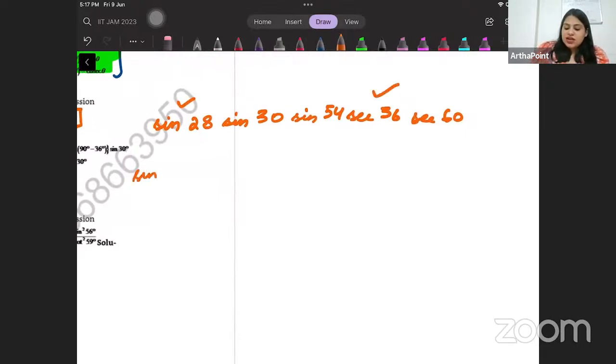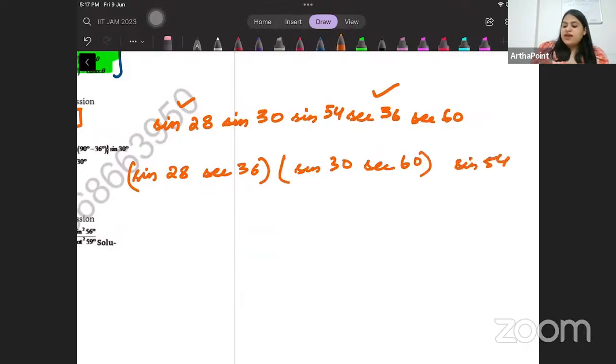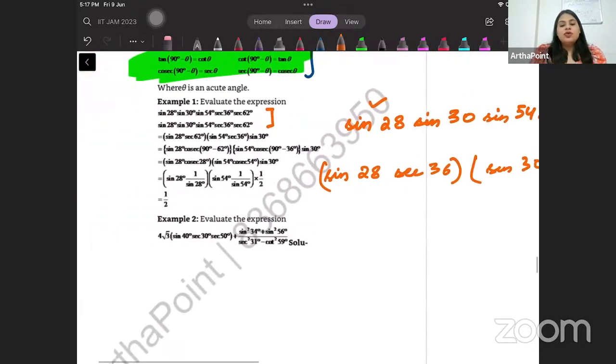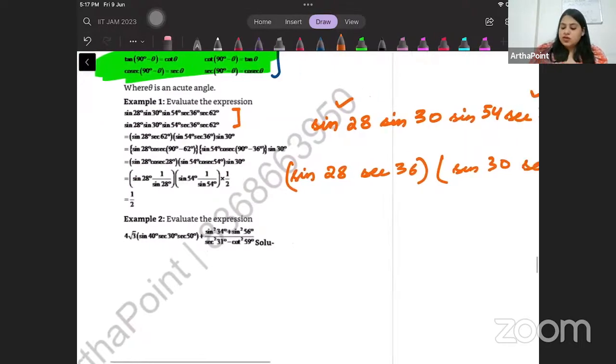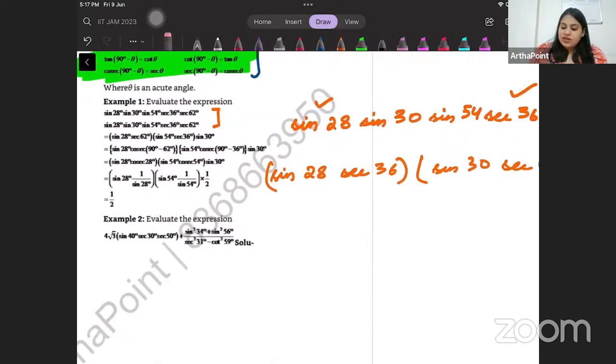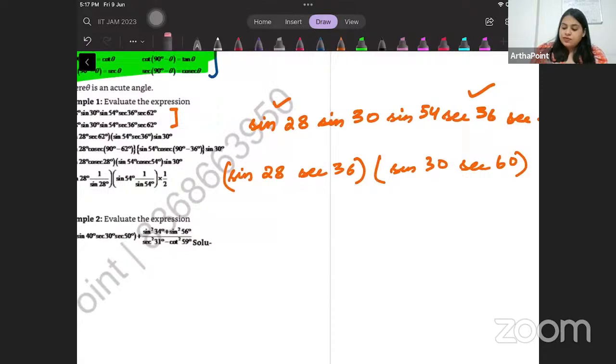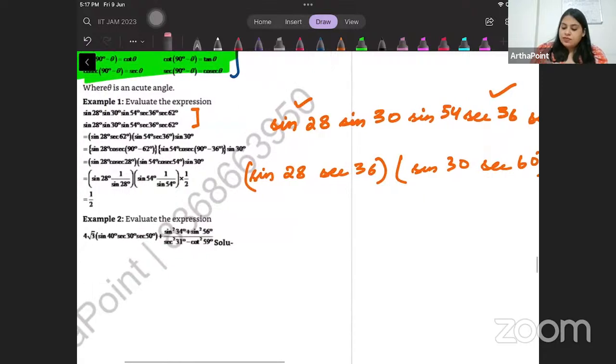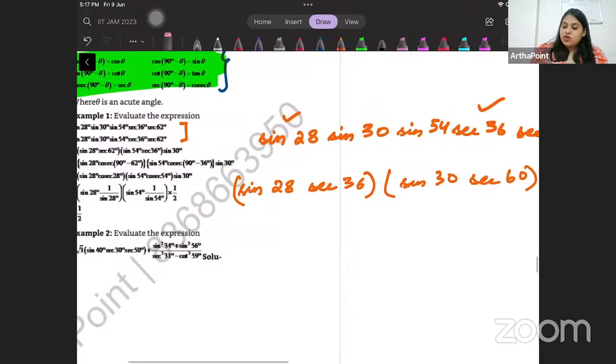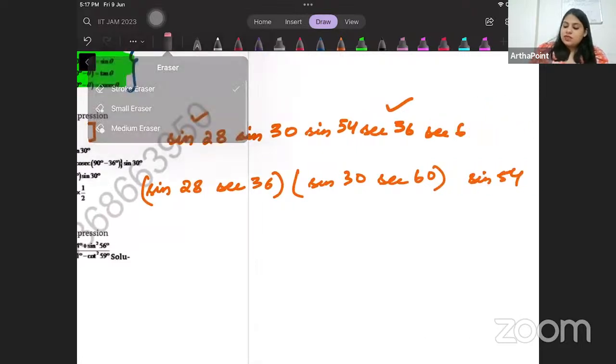So I will get sine 28, sec 62, sine 30, sec 36, sine 54. Sorry, this will be 54. Sec is not 60, it is 62.